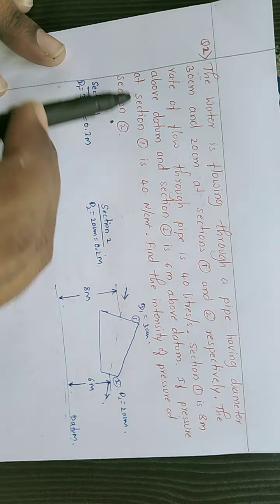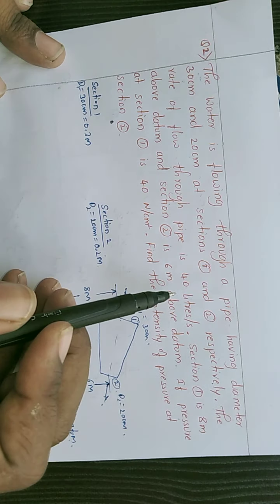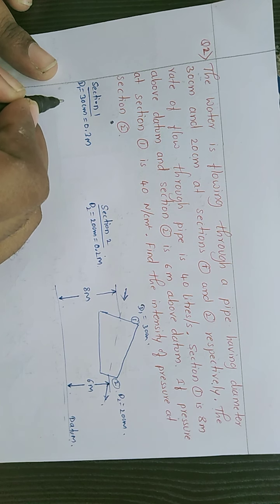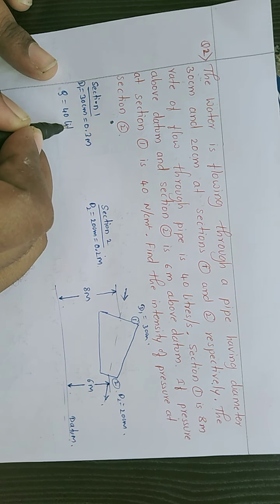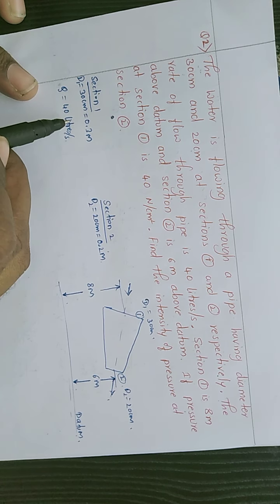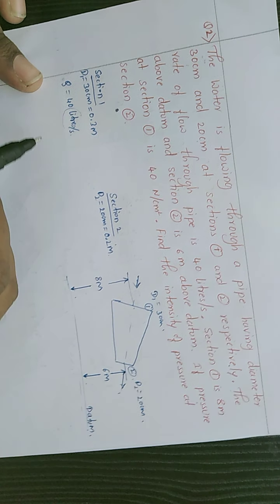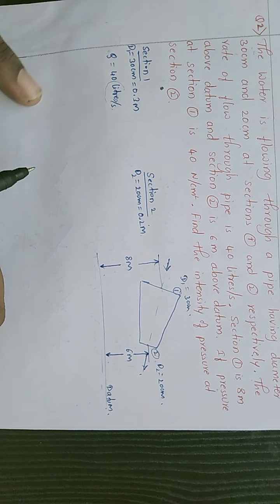And the flow rate through the pipe is 40 liters per second. So he has given us Q is equal to 40 liters per second. This liters per second, we have to convert into meter cube per second. So how to convert?